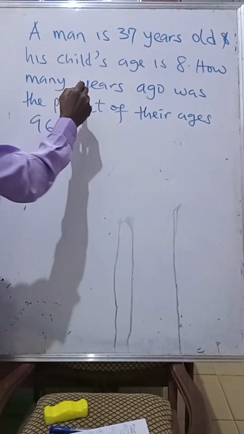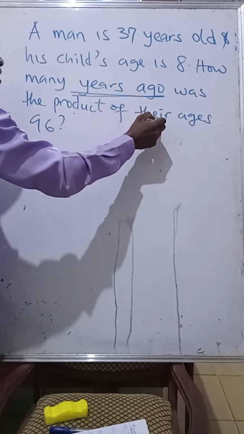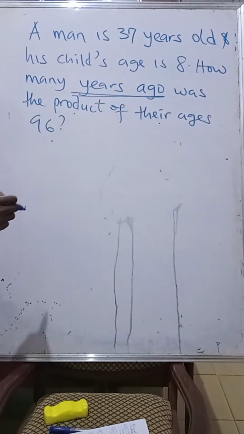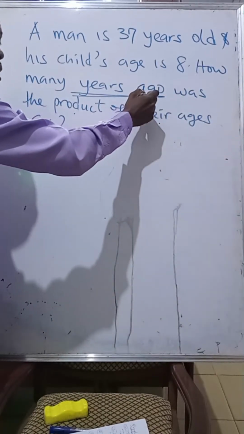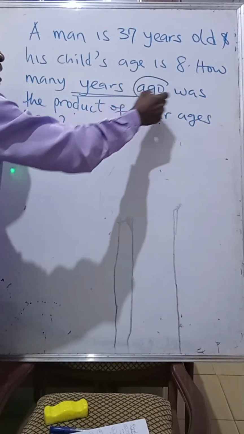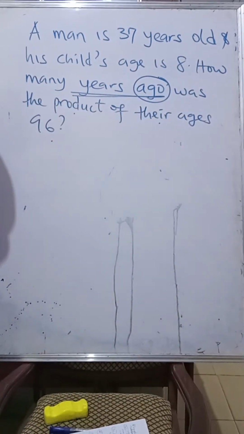He's 37 years old, and his child's age is 8. How many years ago, please underline that, was the product of their ages 96? So when we talk of this statement here, ago, that will be past tense. Okay, so some years back.